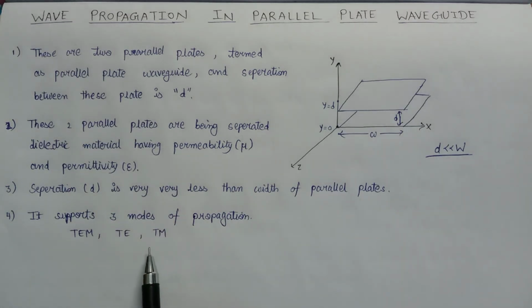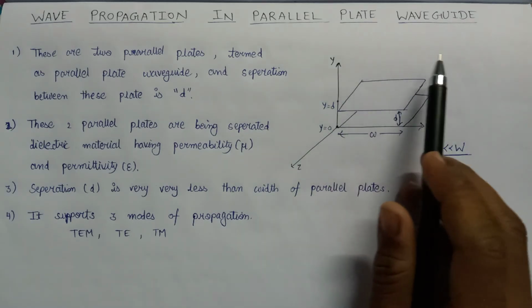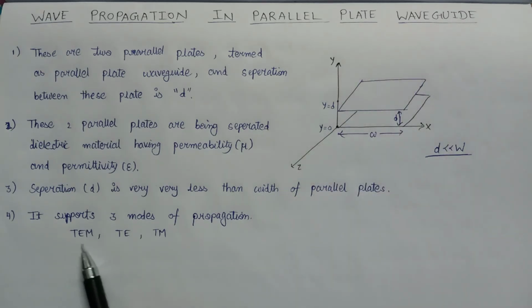These are the three modes that are supported by the parallel plate waveguide. Here TEM mode represents transverse electromagnetic mode, TE mode represents transverse electric mode and TM mode represents transverse magnetic mode. These three modes start with the term transverse. So what do we mean by transverse? Transverse means normal or perpendicular to the direction of propagation of the wave.